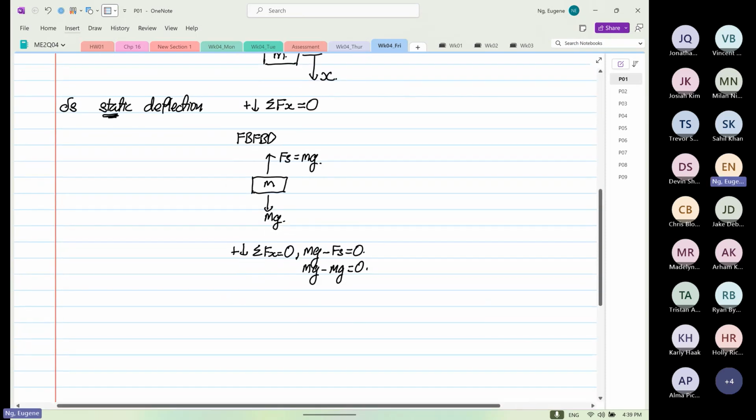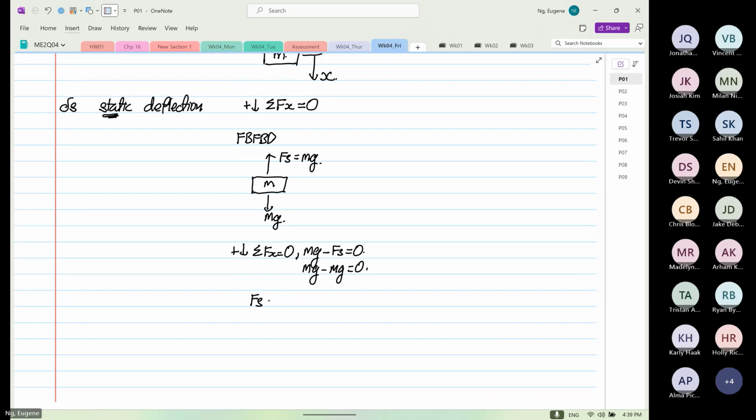We also know that fs is equal to mg, and this will be equal to k times the static displacement delta s. Delta s is your static deflection. So from here, in order to calculate the stiffness, k is equal to mg over delta s.